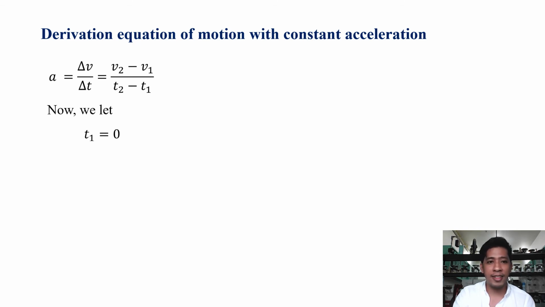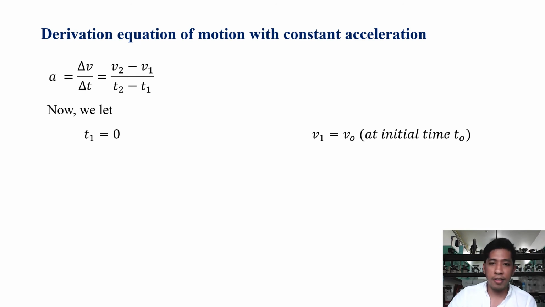Now we'll let your initial time t1 equal 0. We can say that this is your 0 seconds. And at initial time t0, we'll let your v1 be v0, or v sub 0.